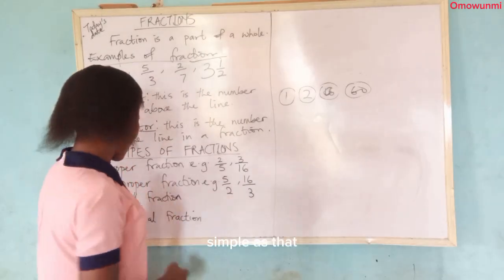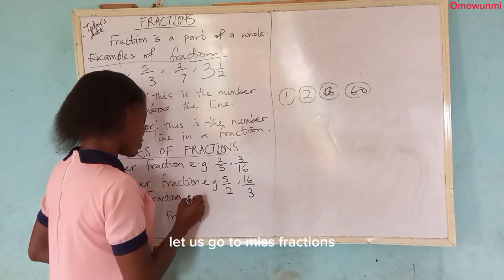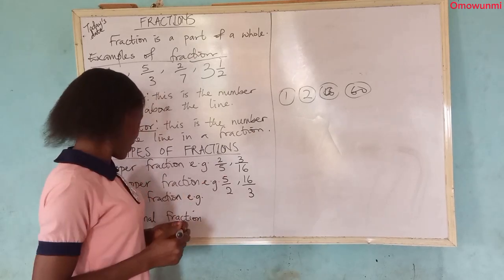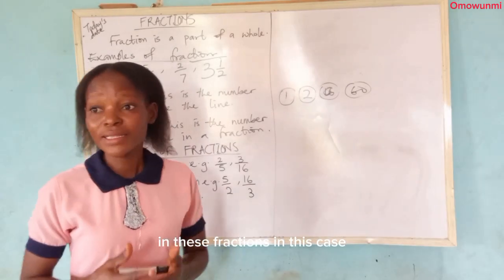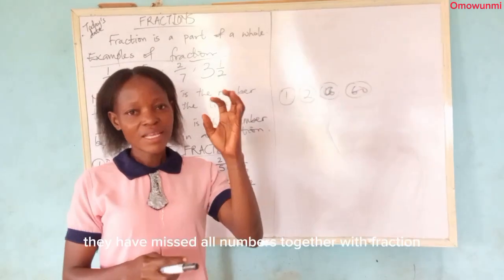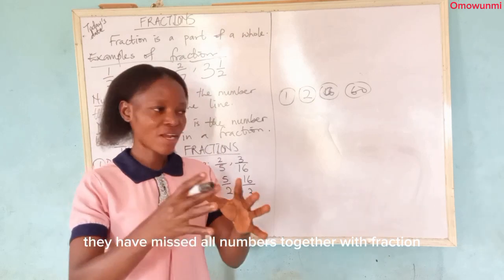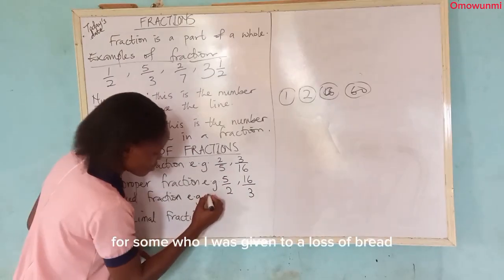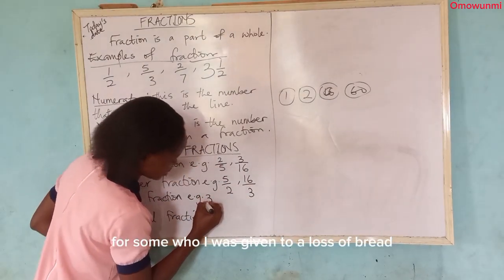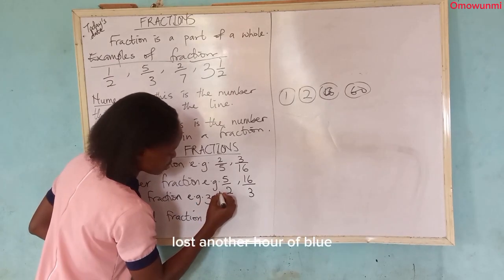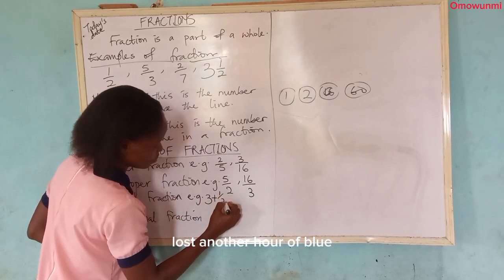Now let's go to mixed fractions. In mixed fractions, they have mixed whole numbers together with fractions. For example, I was given 3 loaves of bread plus another half of the loaf.